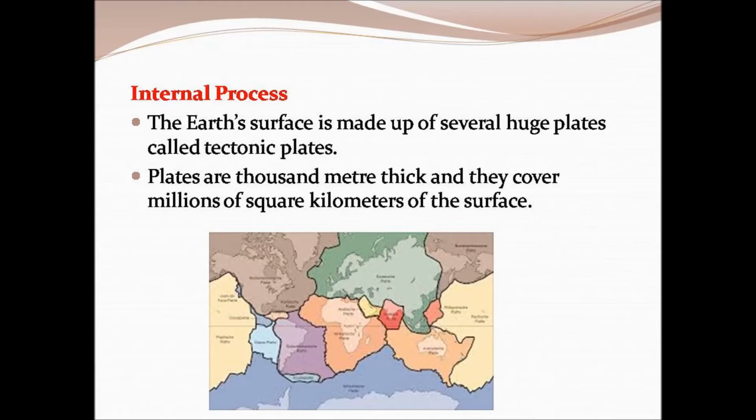These tectonic plates are found below the earth's surface. The thickness of these tectonic plates is about 1000 meters and they cover millions of square kilometers of the surface. These tectonic plates have divisions, and these division lines are not visible on the surface of the earth.